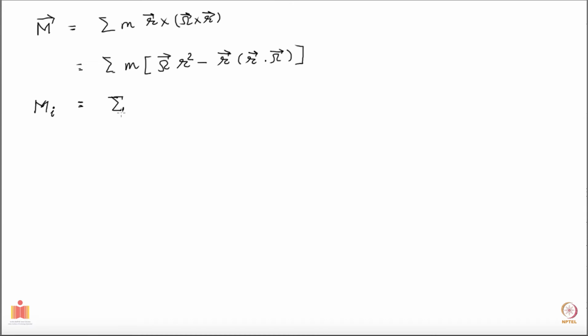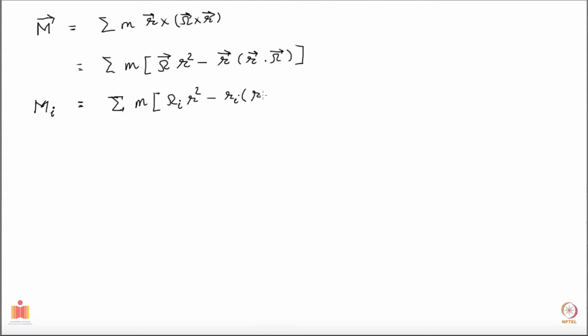But anyway, this sigma is going to remind us about the body index. Okay, so m is there, no problem. This is the only vector quantity in here, so you pick up the ith component. Then you have this scalar r square minus r_i.